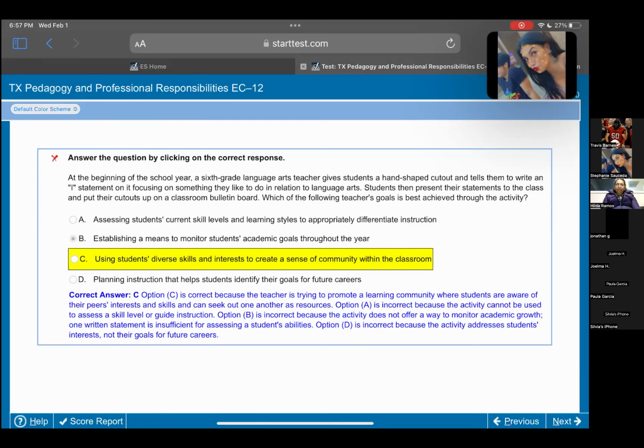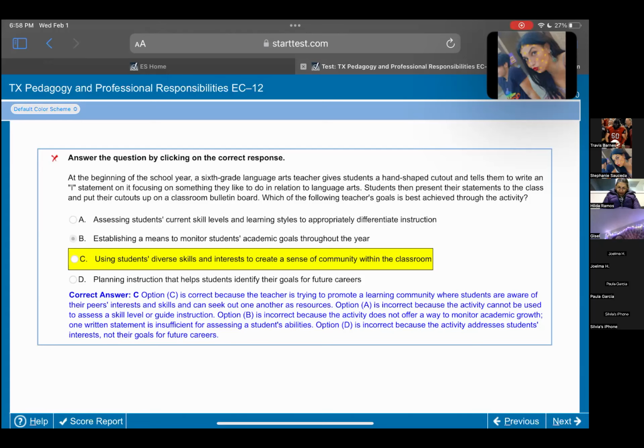It's not so language artsy, but let them say what they are interested in. It is just my guess from reading that this teacher is collecting their interests in relation to her content area. Students then present their statements to the class, and then they put their cutouts up on the classroom bulletin board. They use oral language skills, listening and speaking skills, to present this interest and then place it on the board.